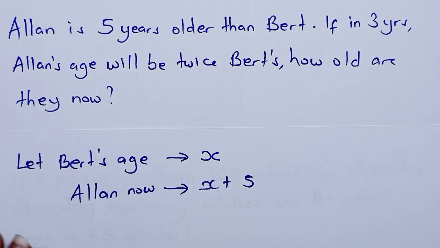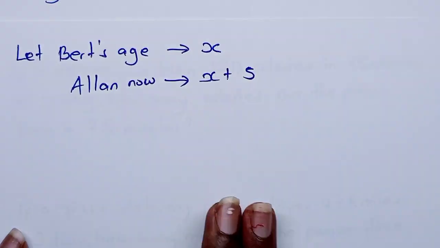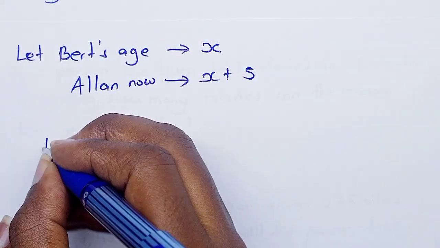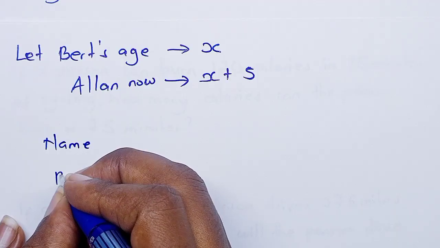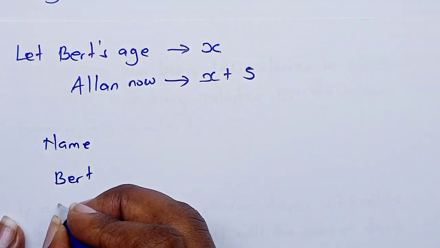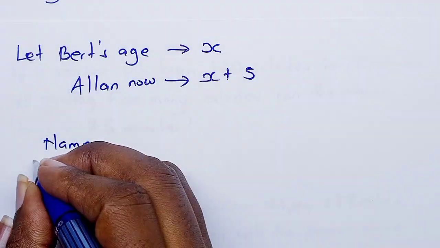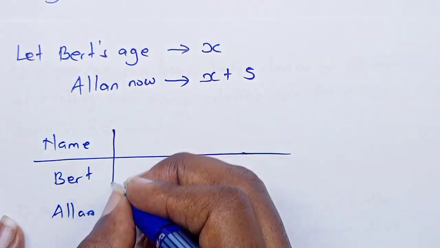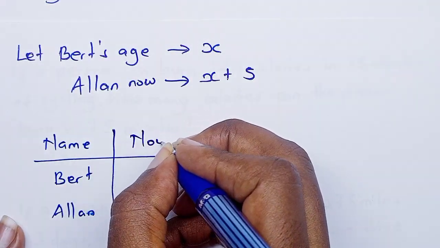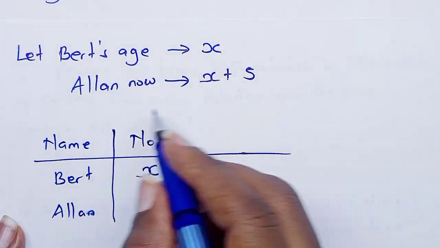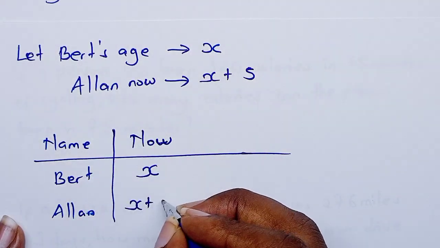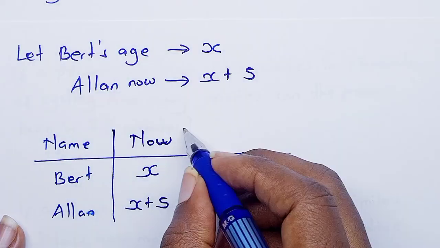Okay, so we can represent this in a table. So we can have their names here. We have Bart and Alan. So their ages now, we have said Bart is X and Alan is 5 years older, so it will be X plus 5.